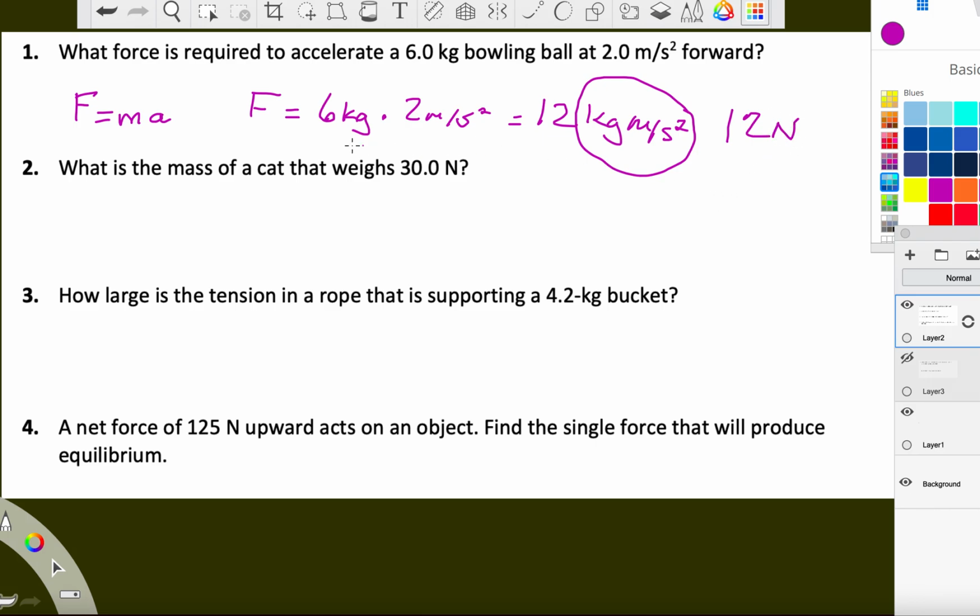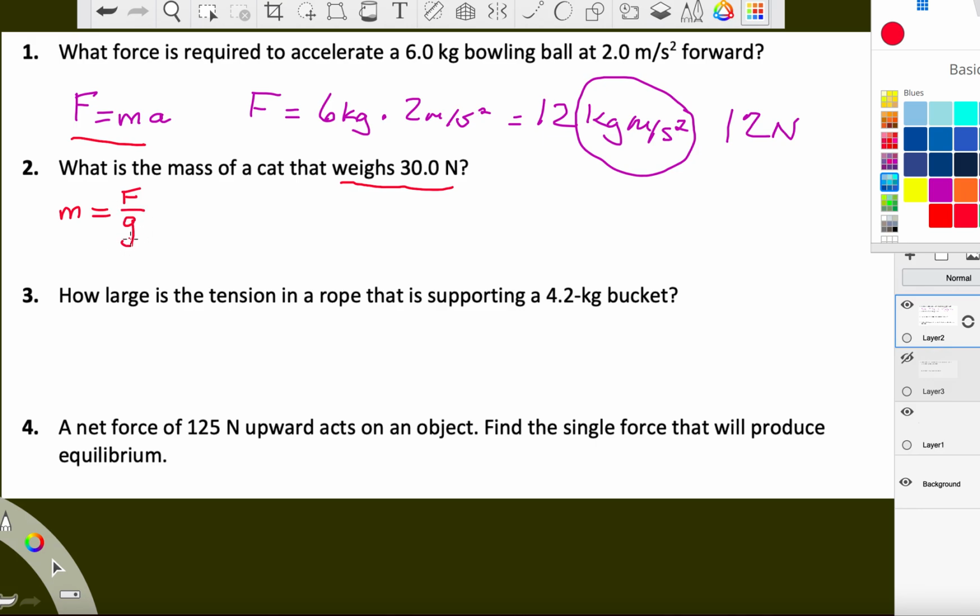There you go. The next one: what is the mass of a cat that weighs 30 newtons? Well, weight, we know, is a force measure because it's listed in newtons. And again, we can say if F equals ma, then we want to know what the mass of the cat is. So m would equal the force, or the weight of the cat, divided by the acceleration.